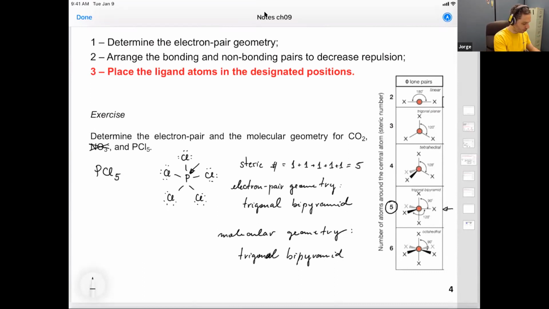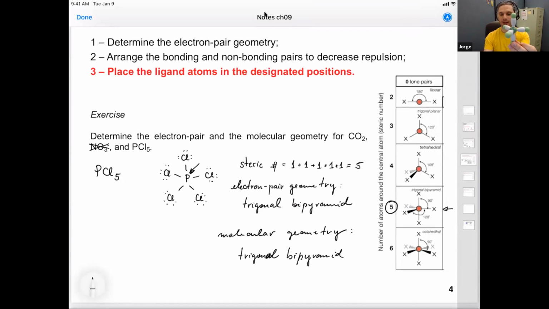Okay, so we had 5 positions available, and all the 5 positions are occupied by chlorine atoms. And that's going to be the molecular geometry.